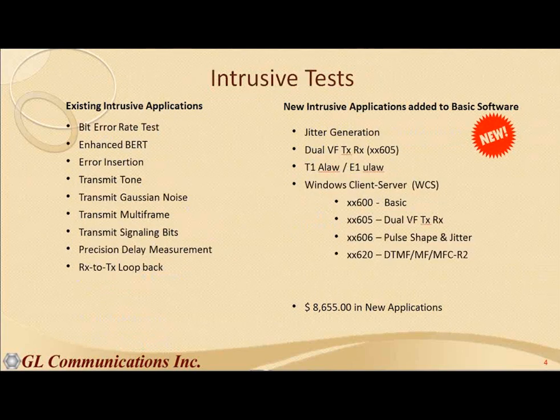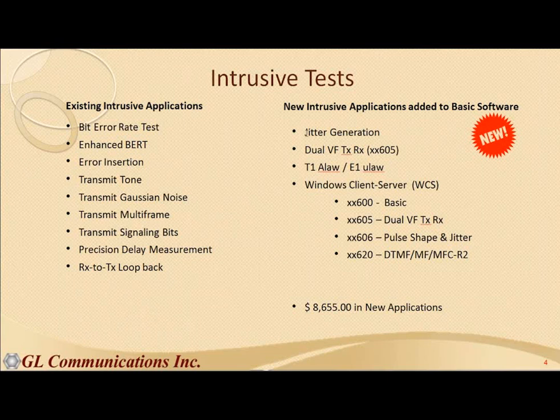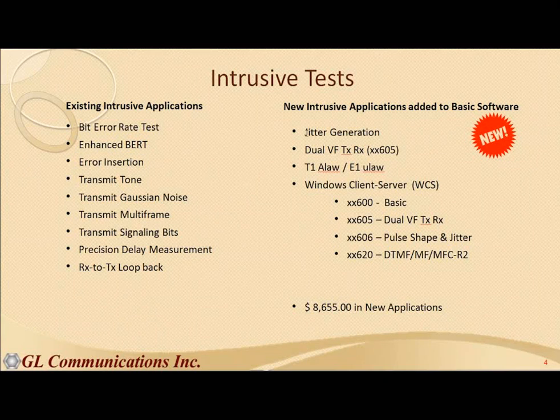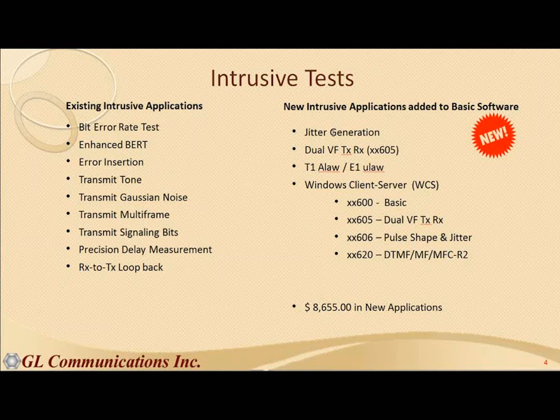Under Intrusive Tests, we have similar applications, Jitter Generation, so that we can actually impart jitter and measure whether or not the receiving unit can tolerate that jitter. There's a method for measuring the sensitivity of a piece of equipment for receiving jitter, and there's of course a specification for compliance there as well.